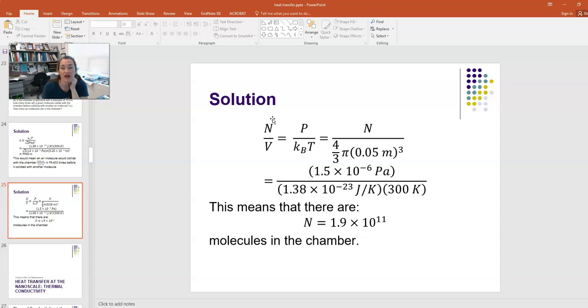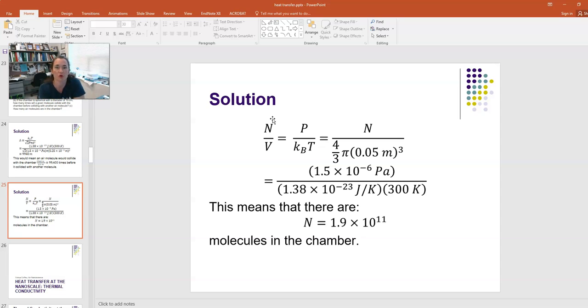So we have N over, now it has a diameter of 10 centimeters, so you can envision it as a sphere with a radius of 5 centimeters. So the volume for a sphere is 4/3 pi r cubed. So we have N over 4/3 pi times 0.05 meters cubed. That's N over V. Now we have that equal to the pressure over Boltzmann's constant times the temperature.